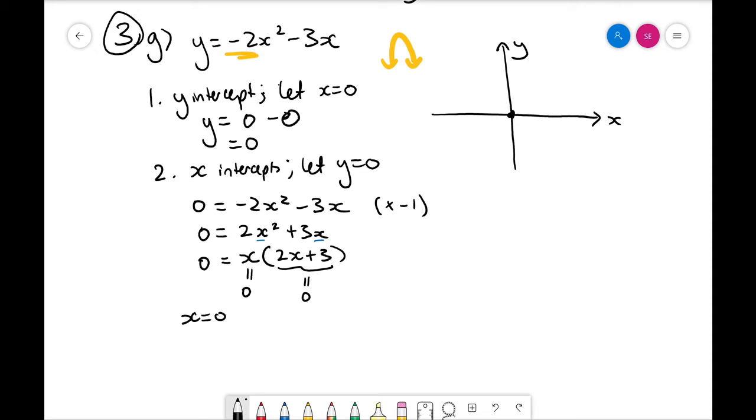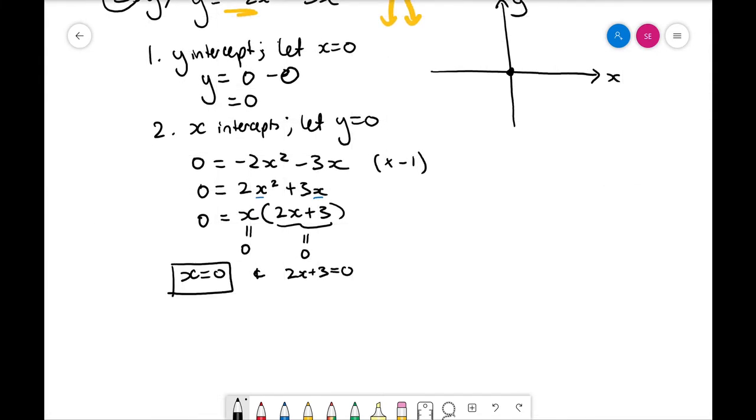So I've got x is equal to 0, and 2x plus 3 is equal to 0. This is in a nice simplified form, so we know it's going to intercept the x-axis at the point 0. But we've got to solve for x on this side here.